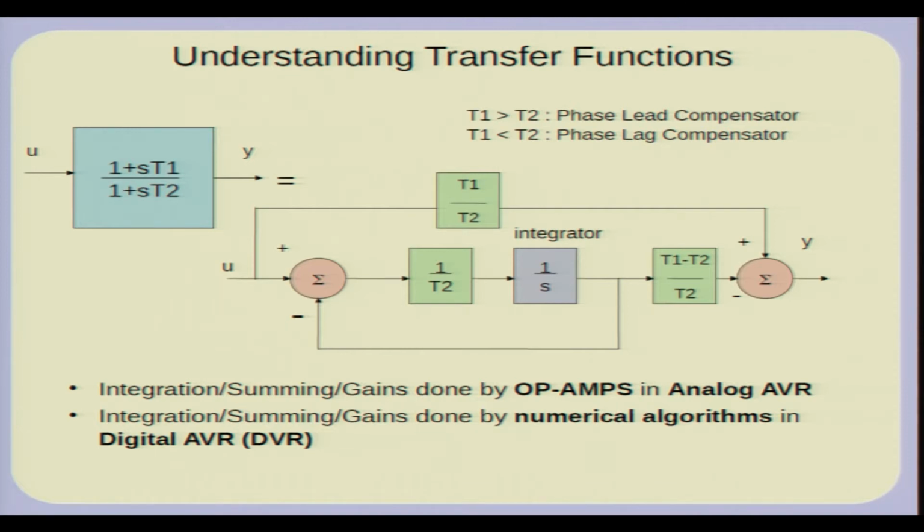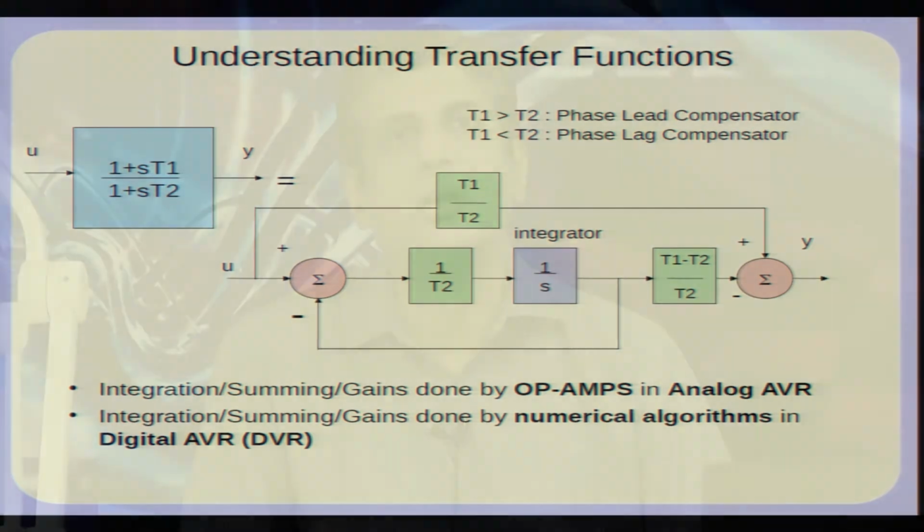Of course, the first step in implementing any kind of digital algorithm is to convert the continuous time system to a discrete time system. That is done by, first of all, if you have got a continuous time signal, sampling it into a discrete time signal, and these discrete time signals are then converted to digital form using some kind of analog to digital converter.